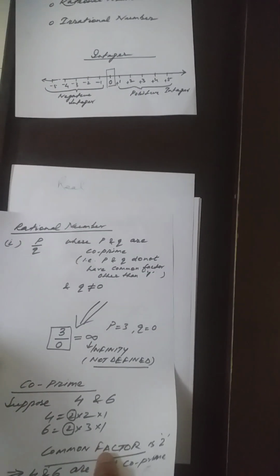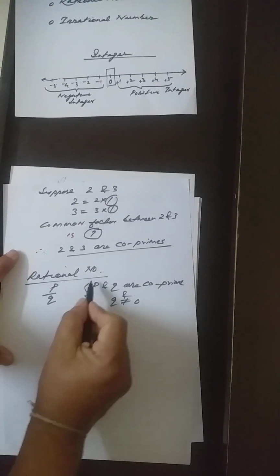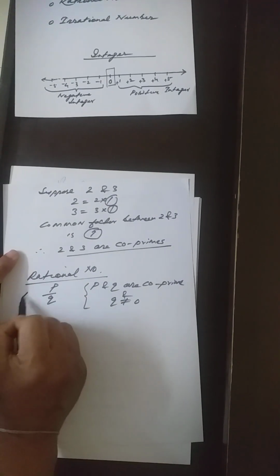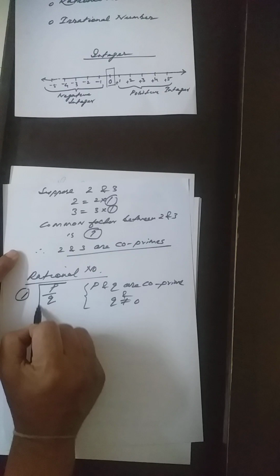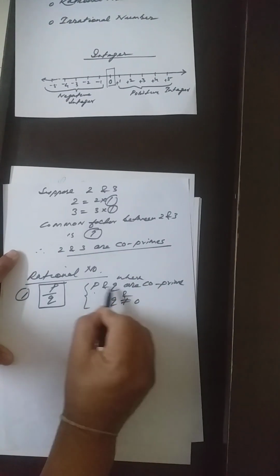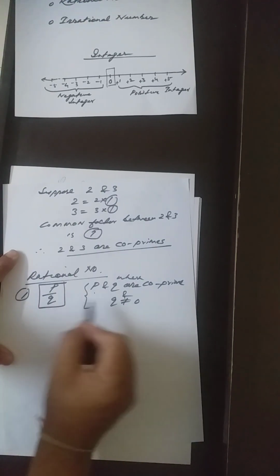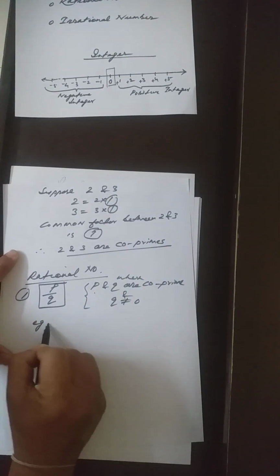So what do we have? Let us talk about this rational number. Any number which can be written in the form of p by q, where p and q are co-primes and q is not equal to 0, such a number will be called a rational number.